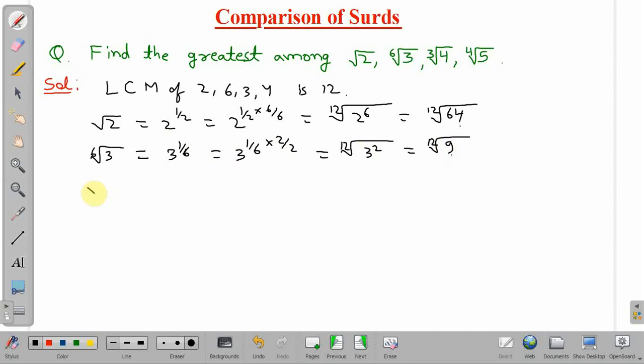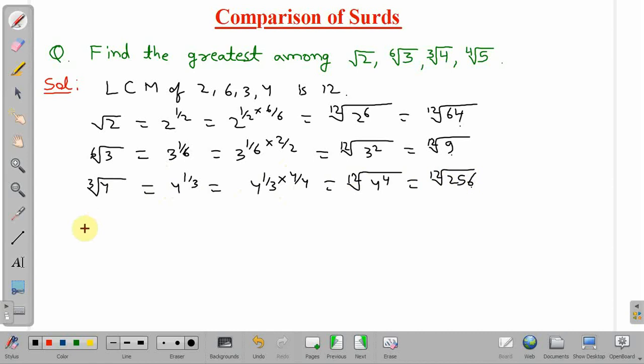Next number is the cube root of 4, which can be written as 4 to the power 1 by 3. We need to multiply and divide by 4, so it will be the 12th root of 4 to the power 4, and this will be the 12th root of 256.